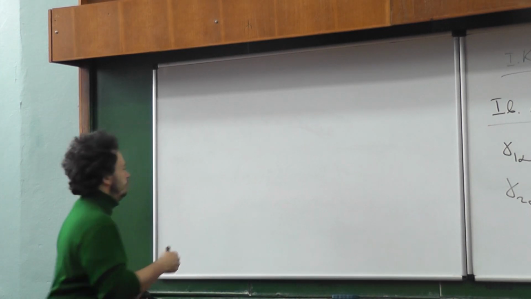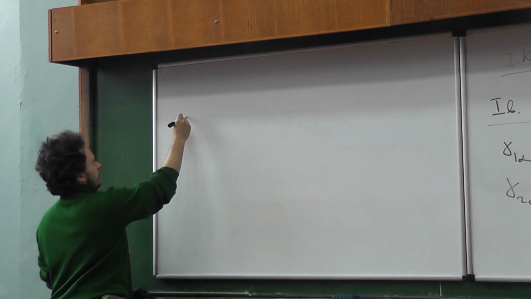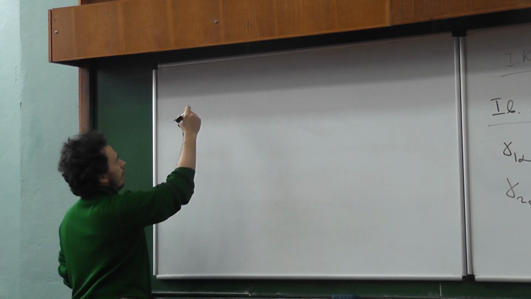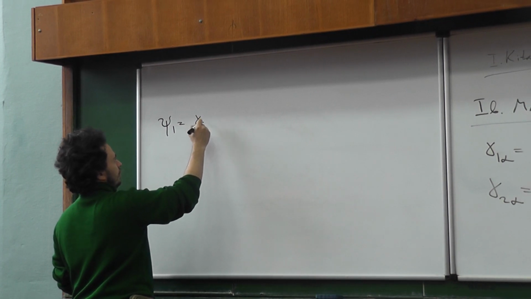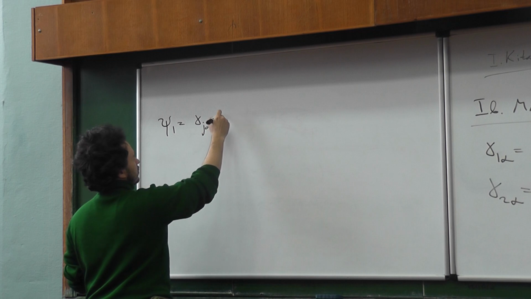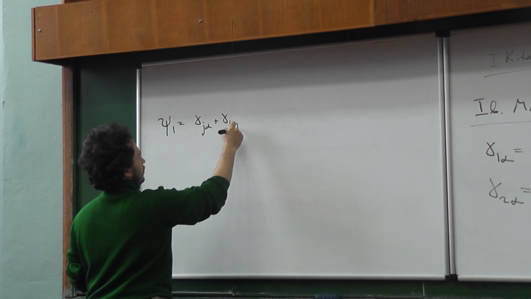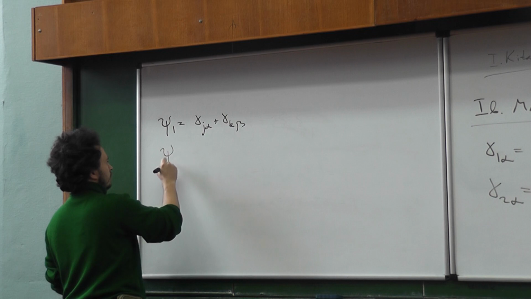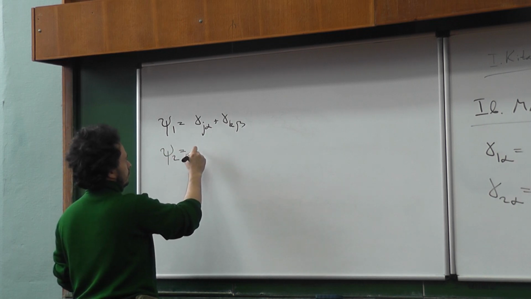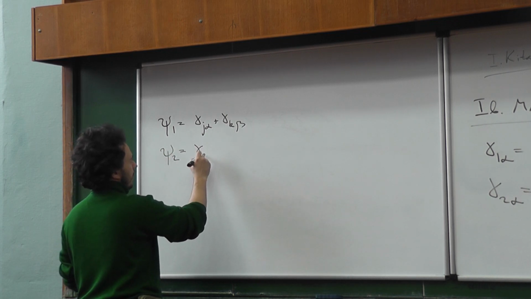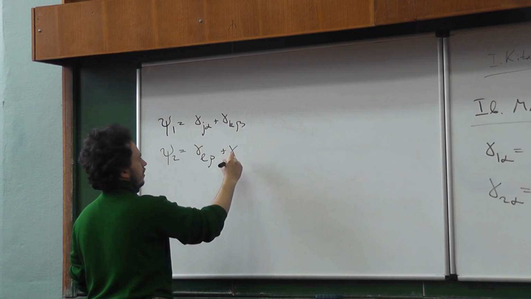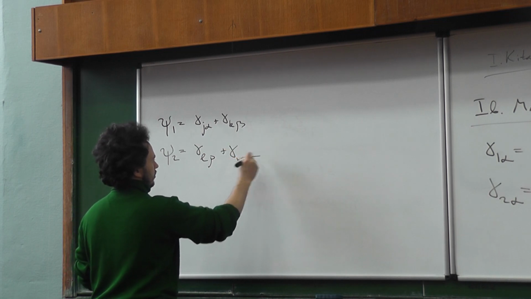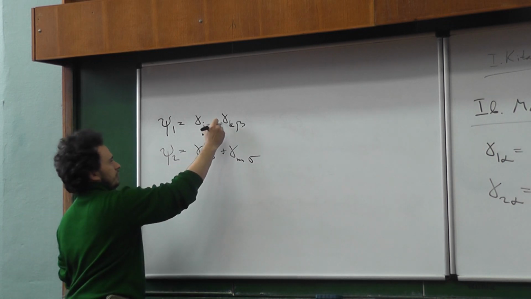Let me define new fermions. Let me define ψ1 equal to γjα plus iγkβ, and ψ2, which is γLρ plus iγmσ, with i's.